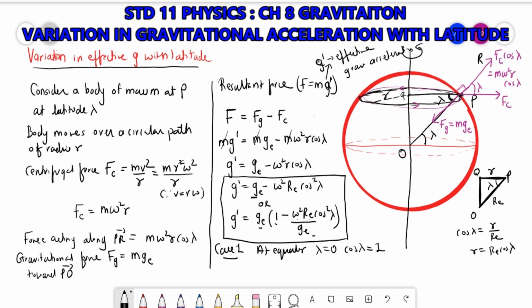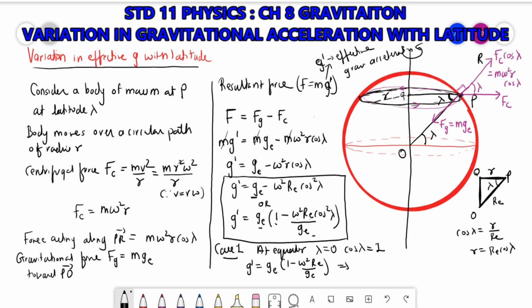Clear? So at that time, the value of g dash will be equal to ge into 1 minus omega square re by ge.